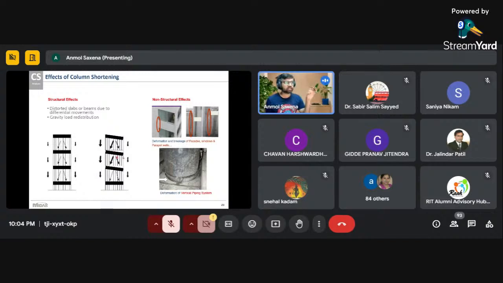It may also have an adverse effect on non-structural elements. So basically deformation and breakage of the facade, windows or parapet walls, or deformation of the vertical piping system which you provide. Due to this, failure may happen in these systems as well.